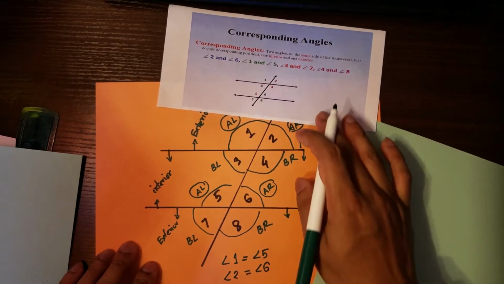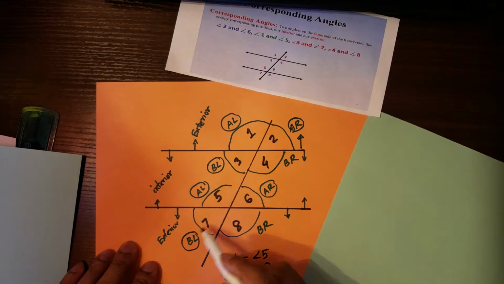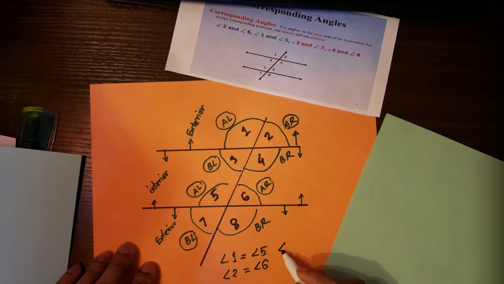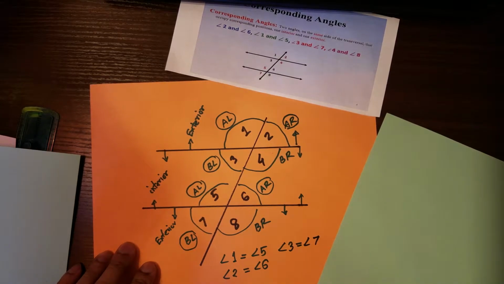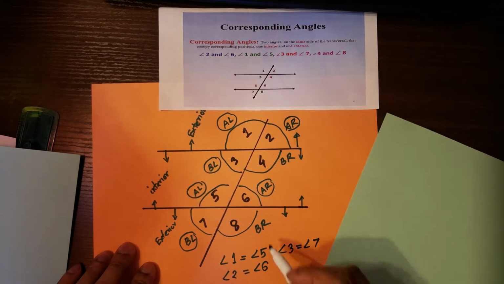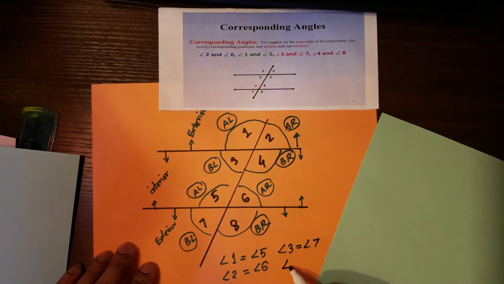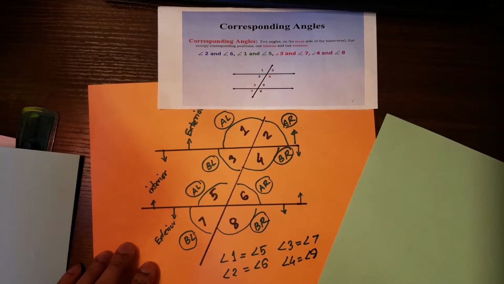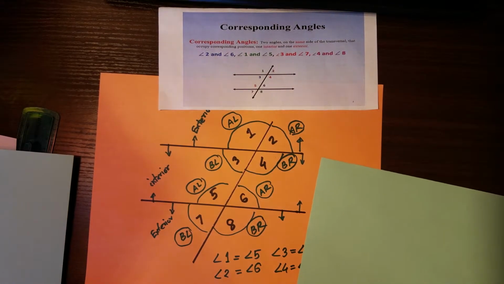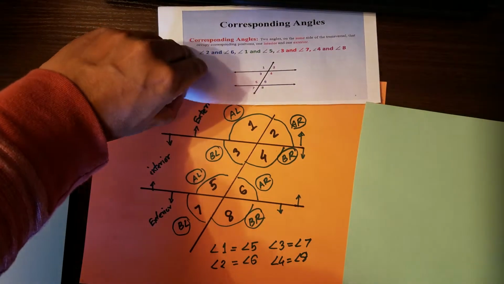We have more: BL, that is 3, and BL is also 7, so 3 and 7 are equal. What else? We have 4 and 8, so angle 4 is equal to angle 8. All right, these are all corresponding angles, and make sure you know that they are equal. So corresponding angles are done.